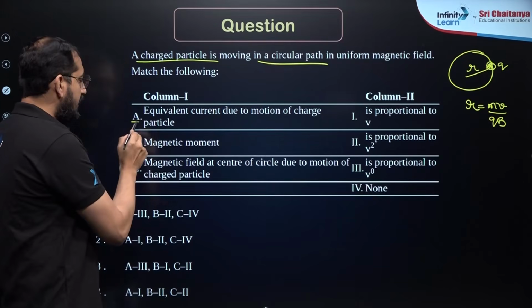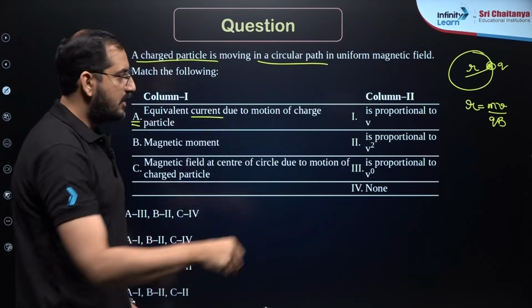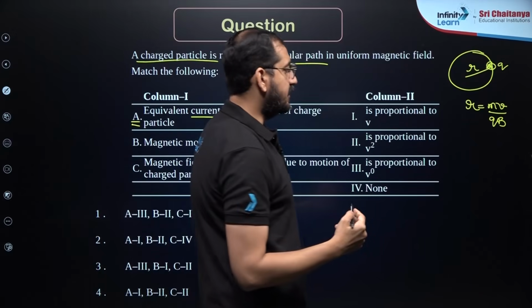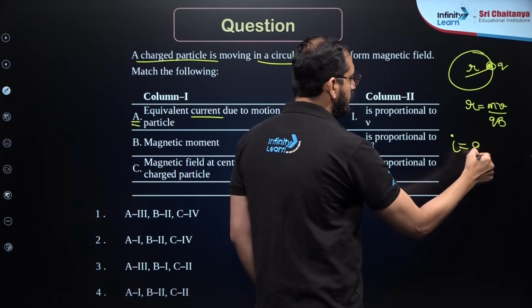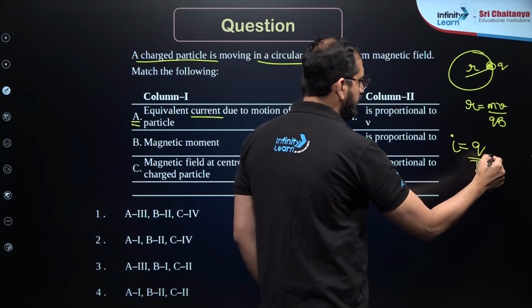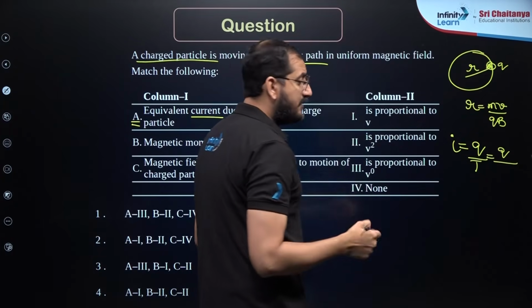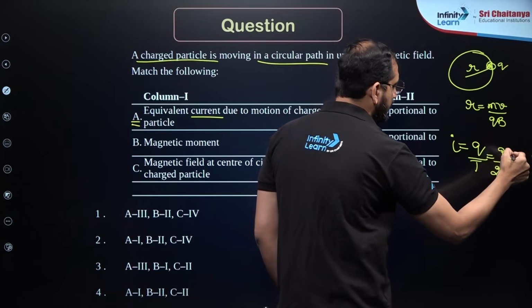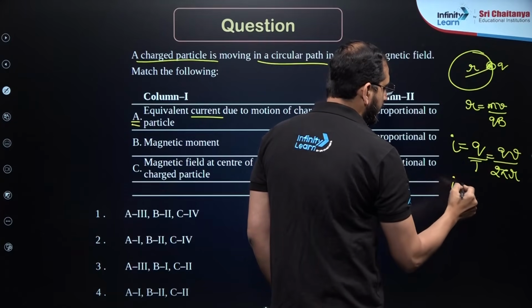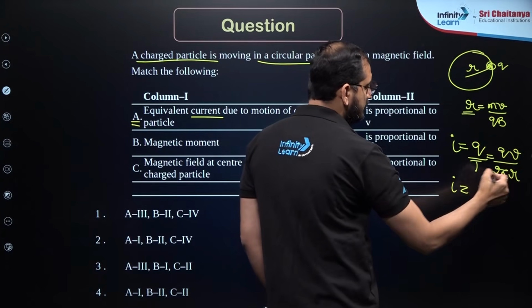The first part A says we need to find current due to the motion of this charged particle. How to calculate that? Current is equal to charge divided by time period. Time period means the one revolution time taken. Time period can be written as 2 pi r divided by v. Let us put the expression of r over here.